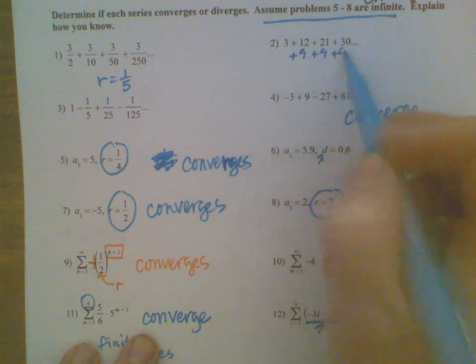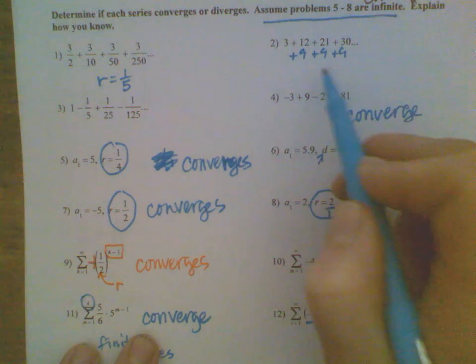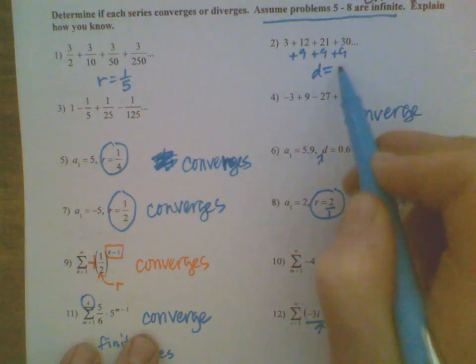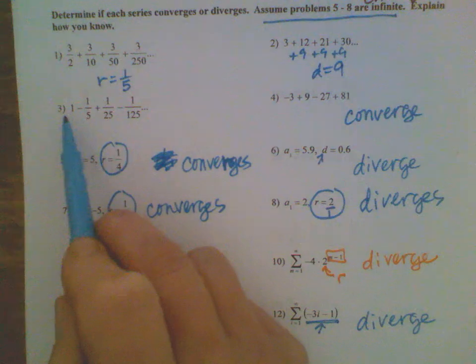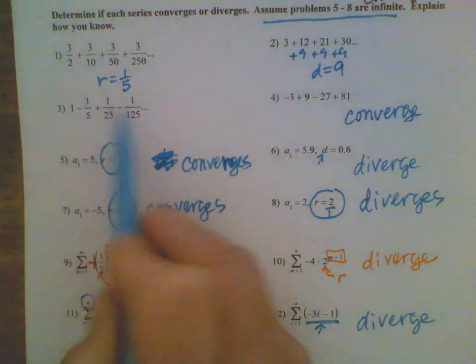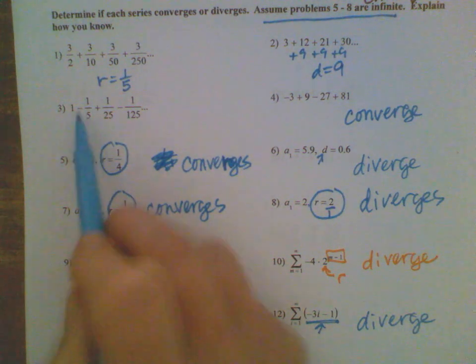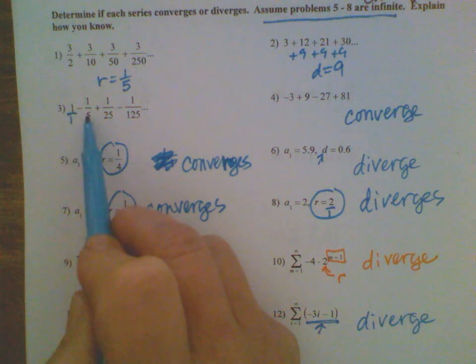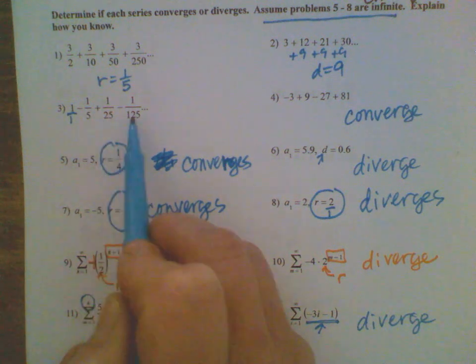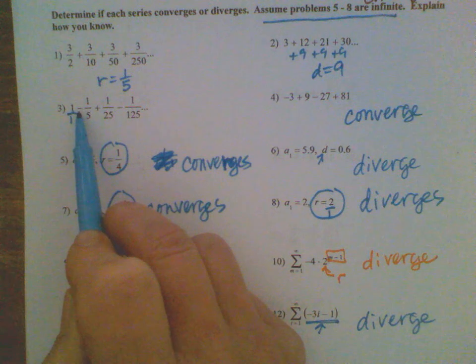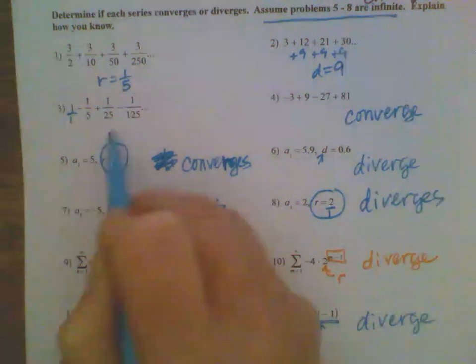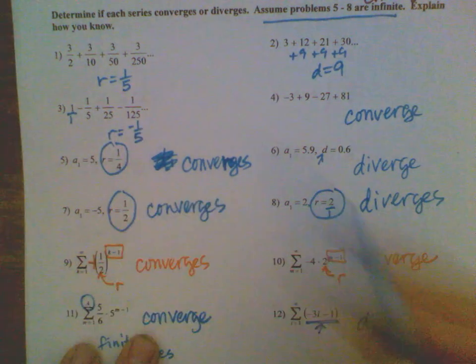Yep, that looks right, plus 9. So this one's definitely arithmetic. I've got a d of 9. And the problem number 3, that last one, if I put this over 1, I'm multiplying by 5 in the denominator again. In fact, more specifically by negative 5. So my r is negative 1/5 that time.